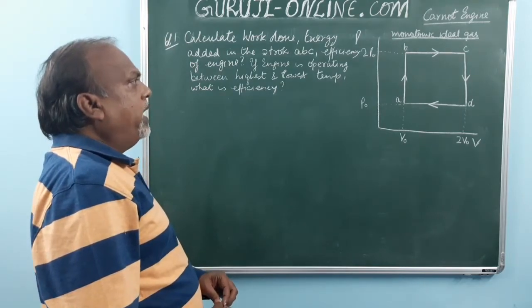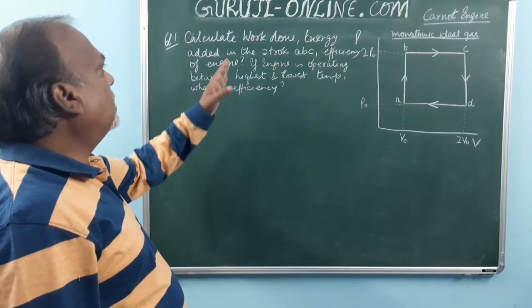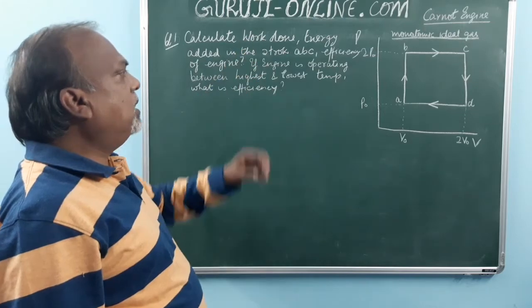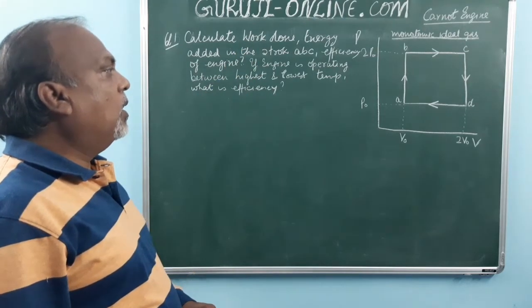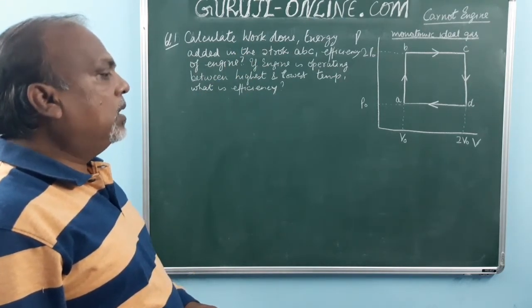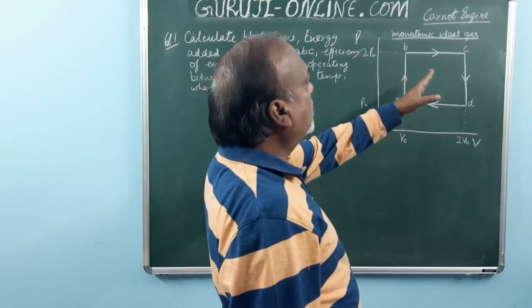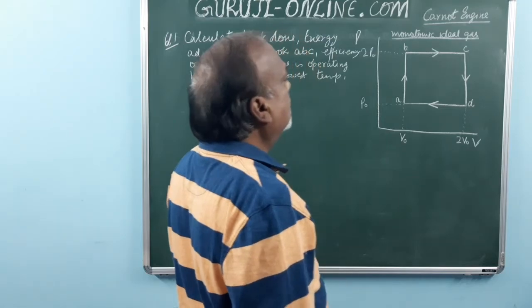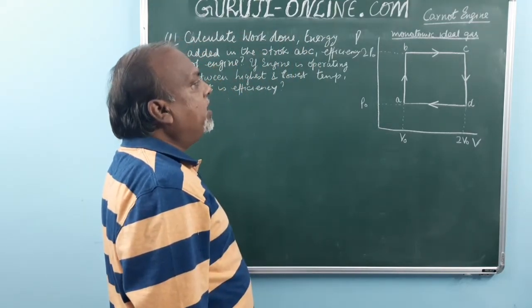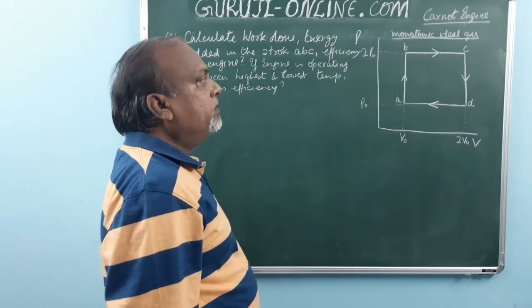Let us do one by one. What is the work done? Work done, we know, will be the area enclosed by this cycle. Any doubt?